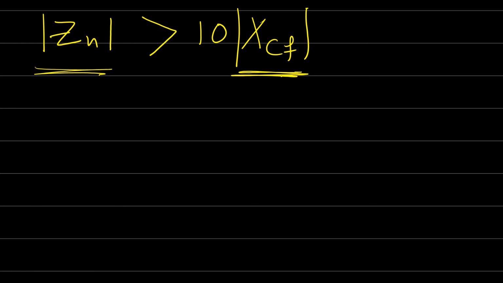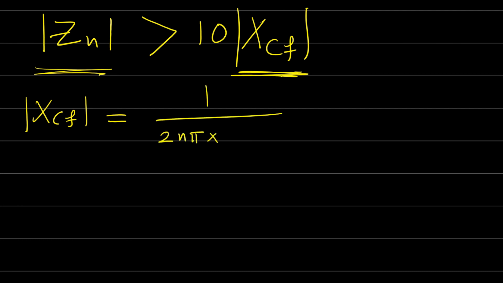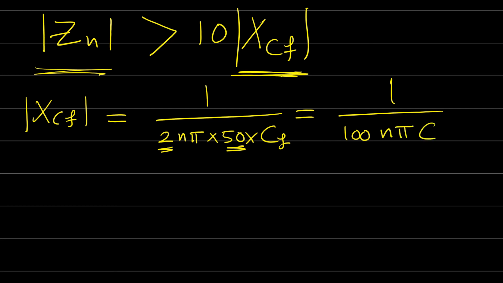Now we can say that the magnitude of XC is equal to 1 over 2nπ times 50 times CF, the capacitor value, which is 1 over 100 times n times π times CF, and this is the capacitive reactance for the filter.